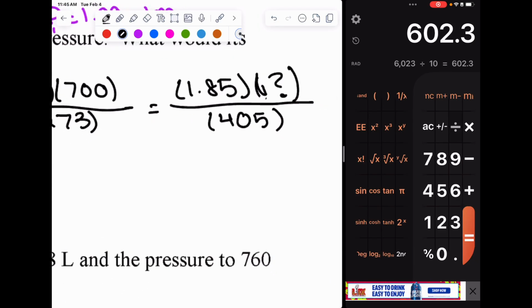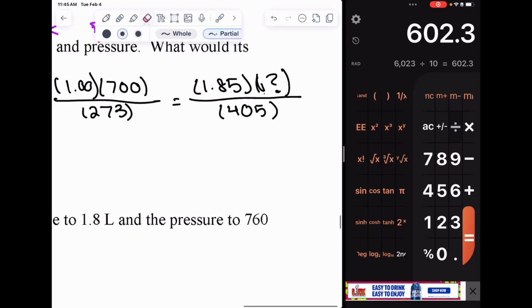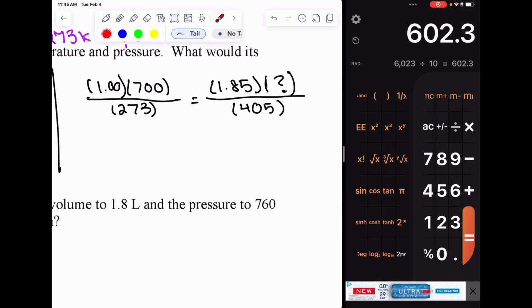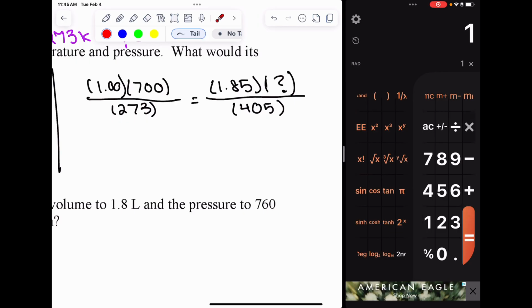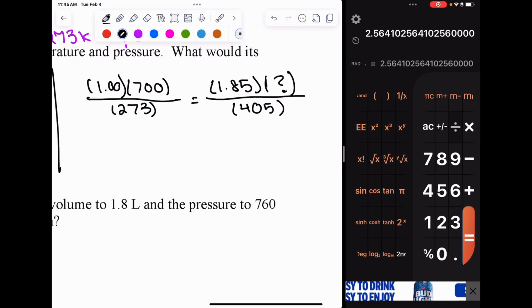All right, so how do I solve this part? This is going to be a little bit tricky, but it's really not that bad. First, let's go ahead and plug in all of this side into our calculator. Let's see what we get over here. So we get 1 times 700 divided by 273, which is, I'm going to round it to 2 decimal places, 2.56.